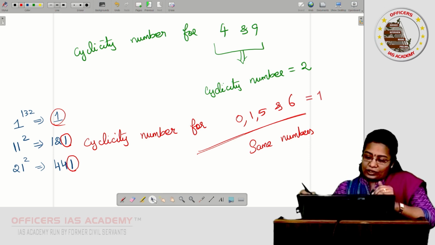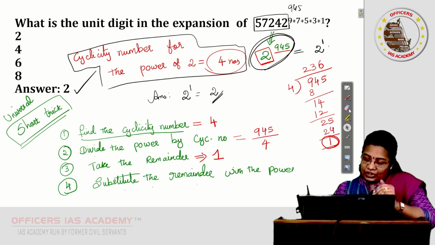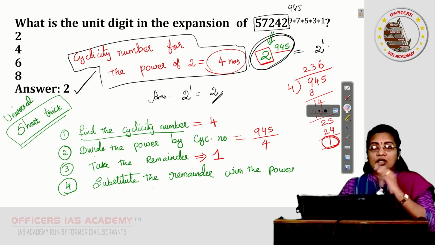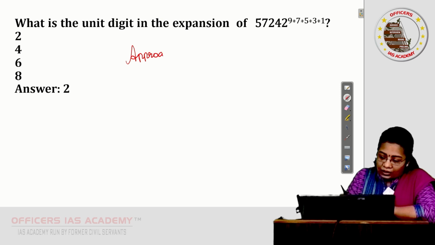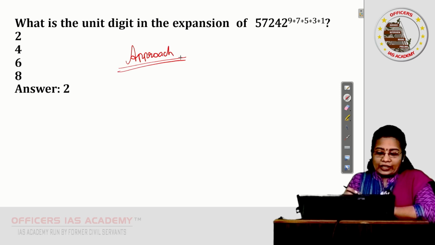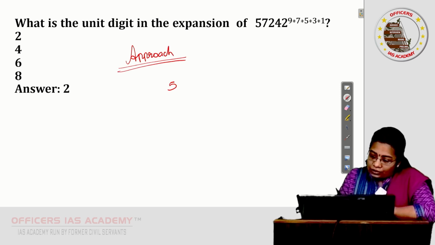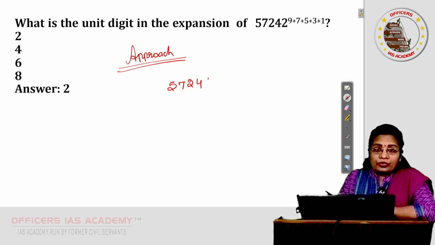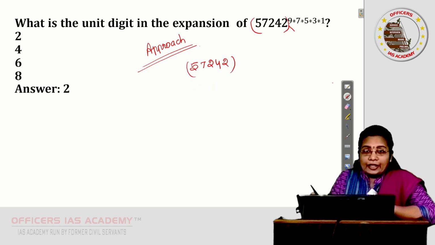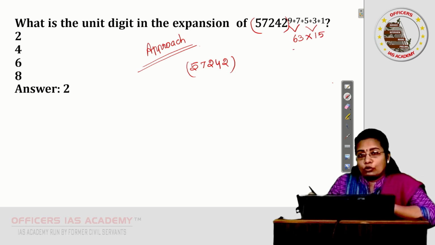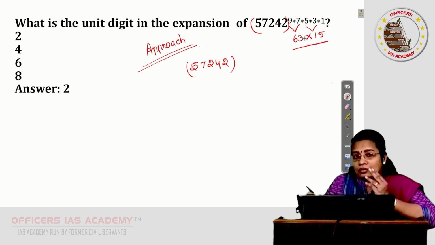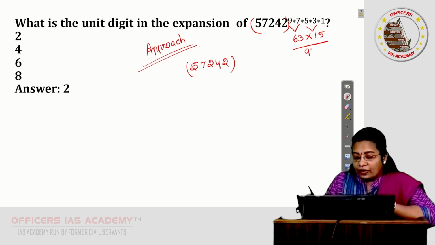Okay, now coming to the previous year question, how to solve the same question in the exam. What is the approach? The exact approach in the exam to solve it quickly. 57 power 242. Let me simplify first. 9 into 7, 63. 5 into 3, 15. 63 into 15 will give you 630 plus 315, 945.